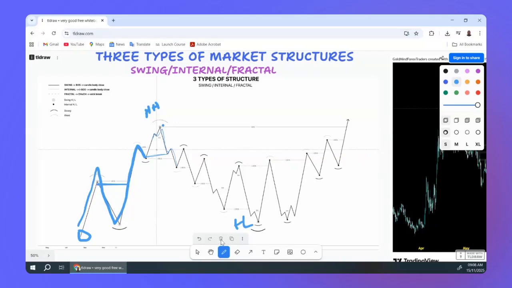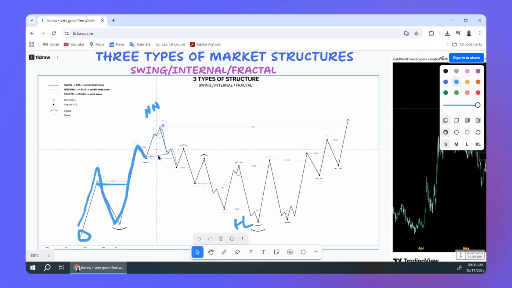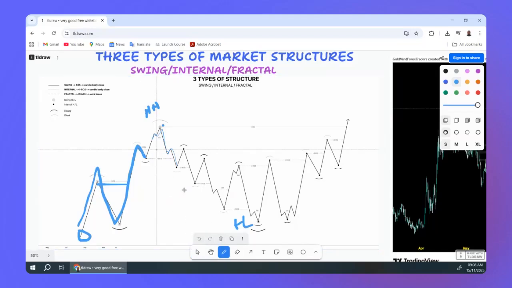Now that is an indication that the internal pullback might be starting. Break of structure, right? The internal pullback might be starting, and also the swing pullback might be starting. So what do we expect? This point that causes a break of structure, we expect it to hold.